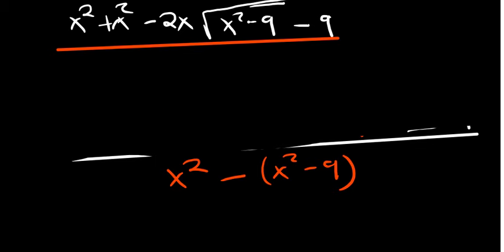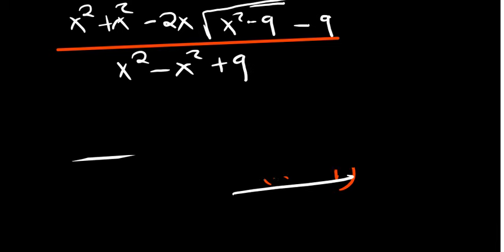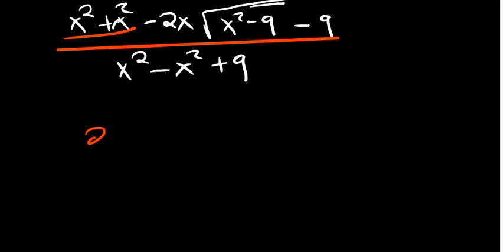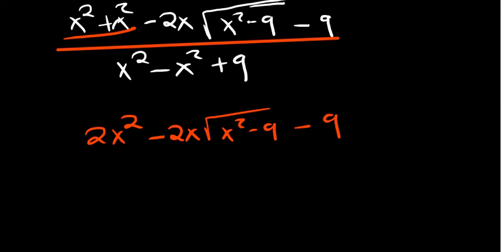So for our denominator we have x squared. So distribute the negative. So we have minus x squared plus a 9. x squared plus x squared is going to be 2x squared minus 2x root of x squared minus 9 minus 9, over a positive 9.